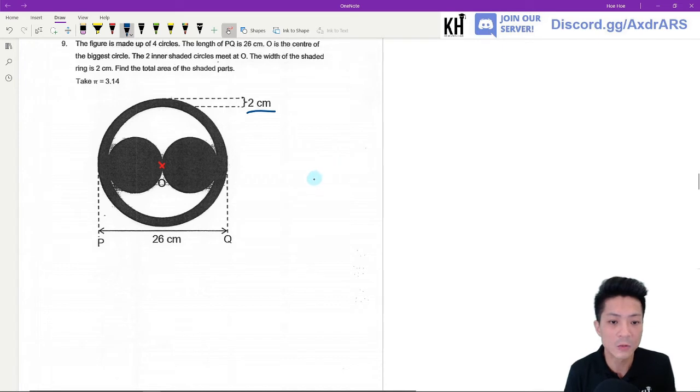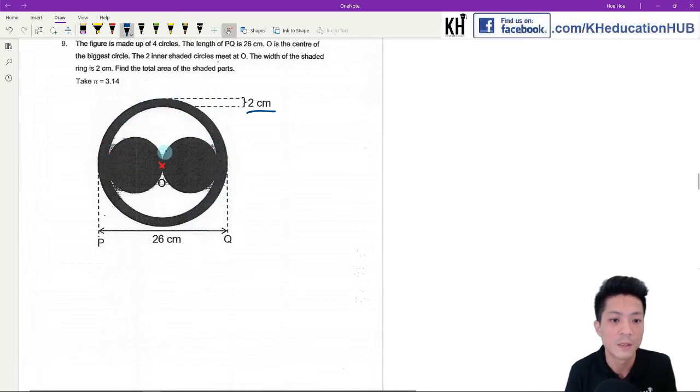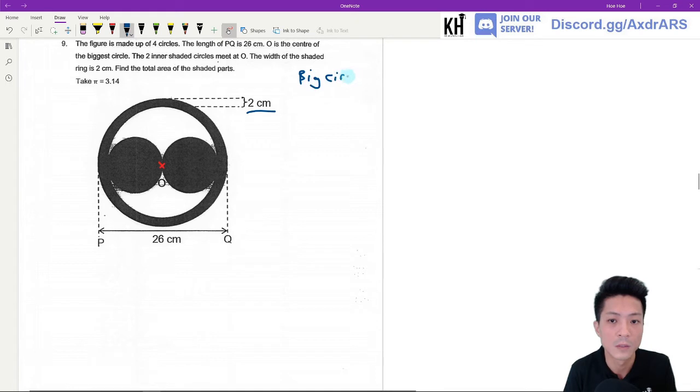So the plan to find the total area of the shaded part is we must first find the big circle minus the smaller circle to find the shaded ring. And then we will just find the area of the two circles and add them all together. So I'm going to write it over here. Area of the big circle is pi r squared.